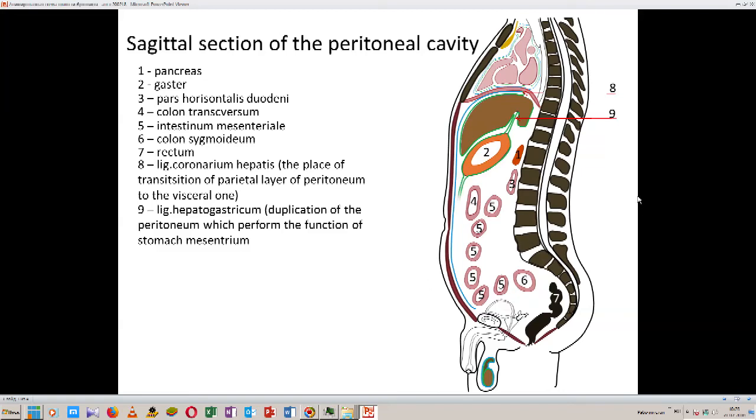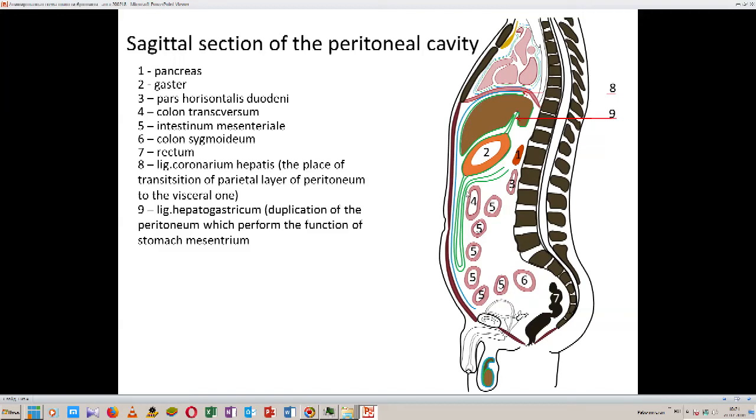And now what we shall draw: from curvatura ventriculi major two sheets of visceral peritoneum pass down and then again return to the stomach.